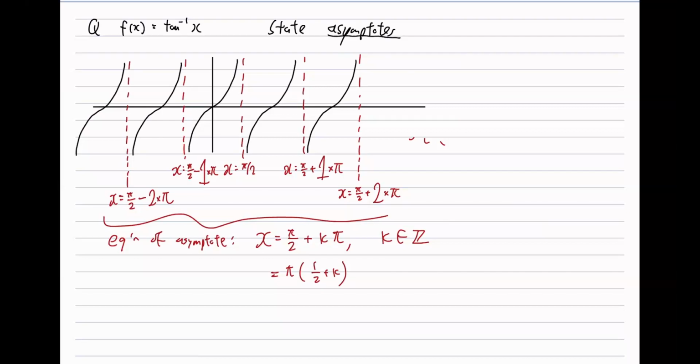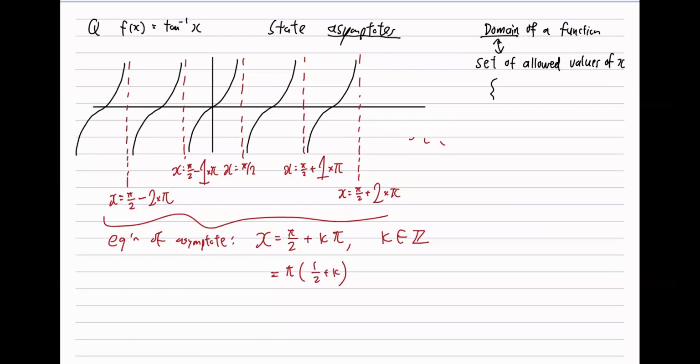Now there is another idea that I never talked about, which is the idea of a domain of a function. So what is a domain? A domain is the allowed values of x. To be more technical, it's the set of allowed values of x. What's a set?